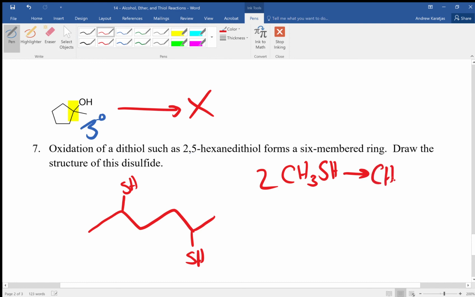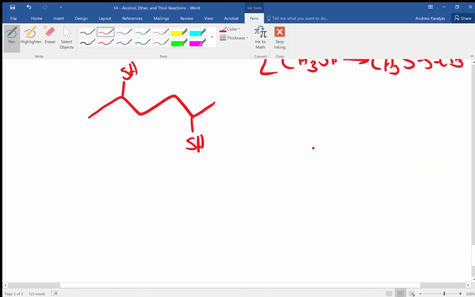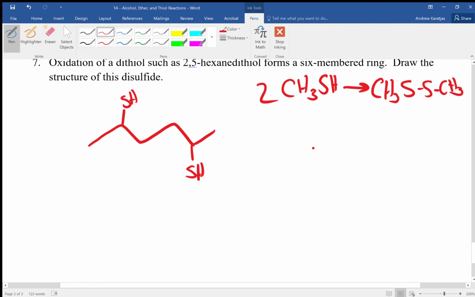We form a disulfide. Well, if our two thiols are within the same molecule, they could bond to each other. And so we could form, and let's do this in a different color, a new bond between these two sulfurs that would form a 6-membered ring.